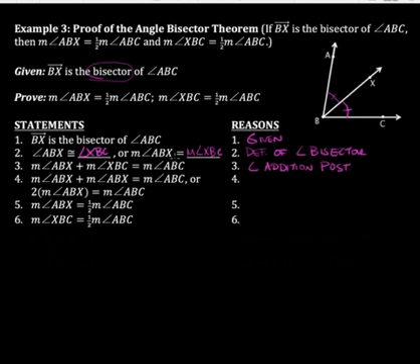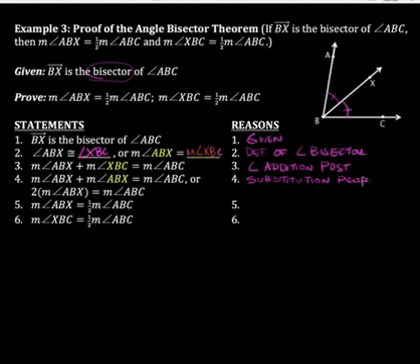Well, in statement 2, I said the measure of angle ABX was equal to the measure of angle XBC. So you can see what I've done is I've taken this measure of angle XBC and I've turned it into the measure of angle ABX. So I took one thing and turned it into something else because those two things were equal to each other, and that is known as the substitution property.